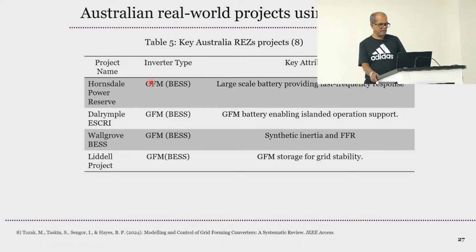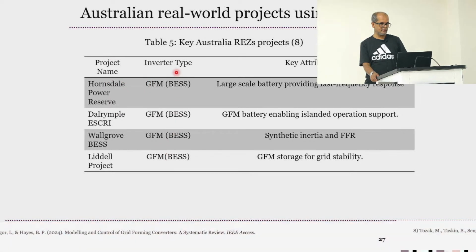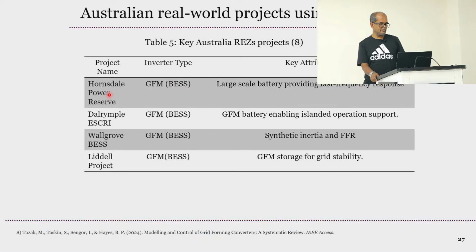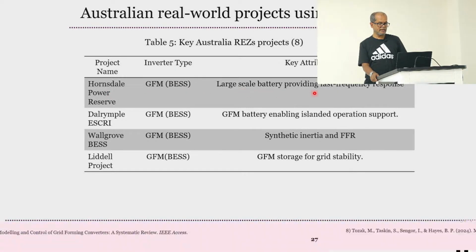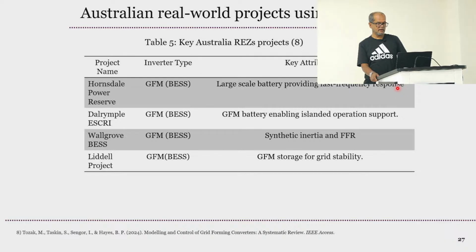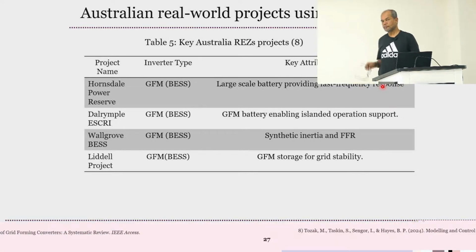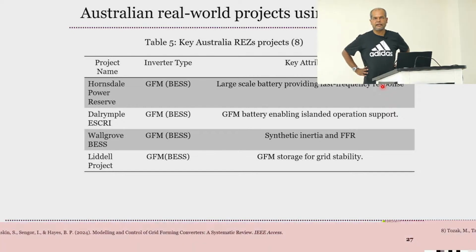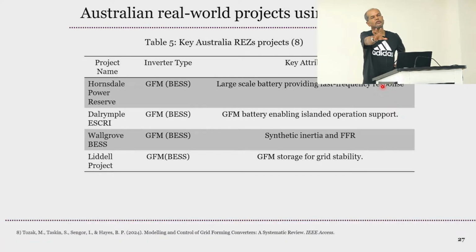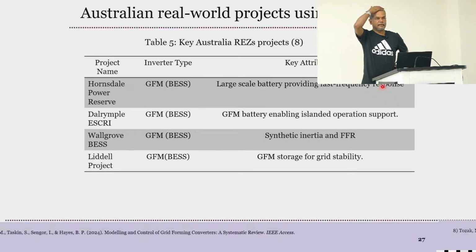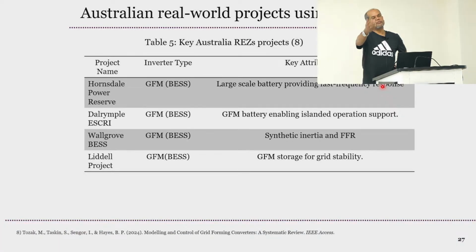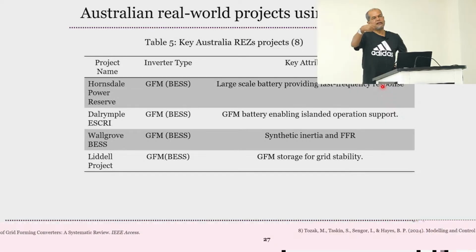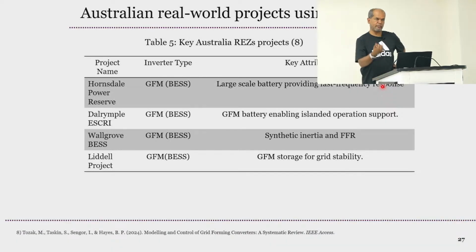The inverter type they have used, but as I said, all of them have a battery, and all the projects have functions like this one, providing fast frequency response, because in Australia we already have a frequency ancillary services market. So if you own the battery, and when the market needs it, and you participate in the market, at the end whatever service you provide, you're going to be paid back.